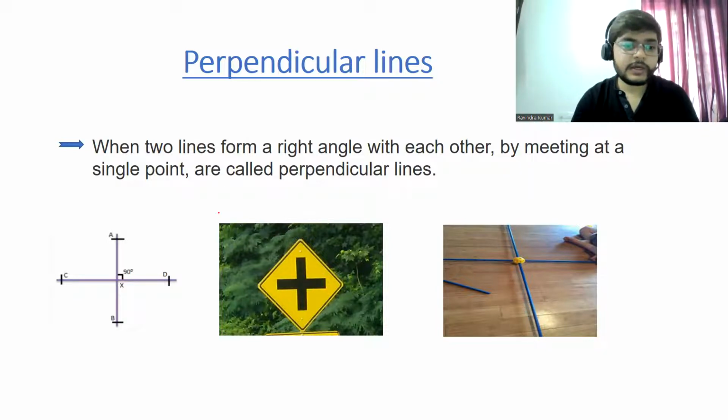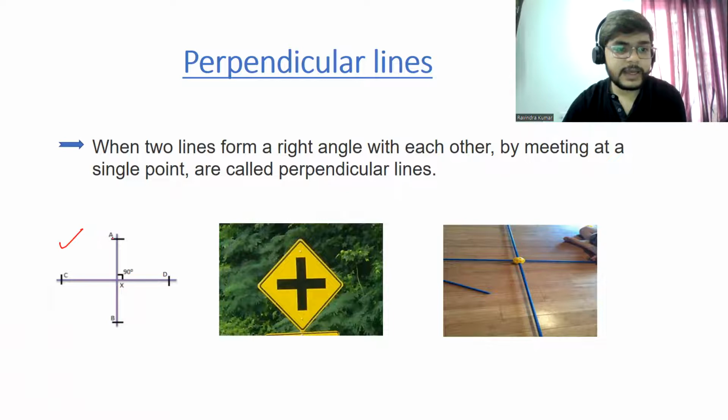So actually, perpendicular lines means when two lines form a right angle with each other while meeting at a single point. Now you can see from here there is a line segment AB and CD.